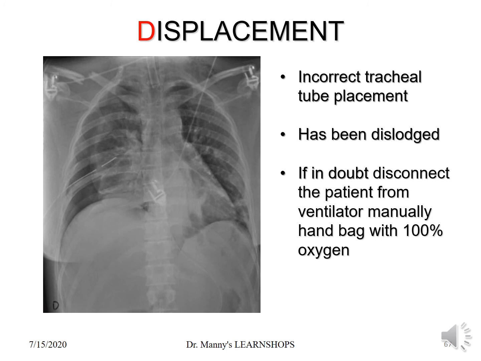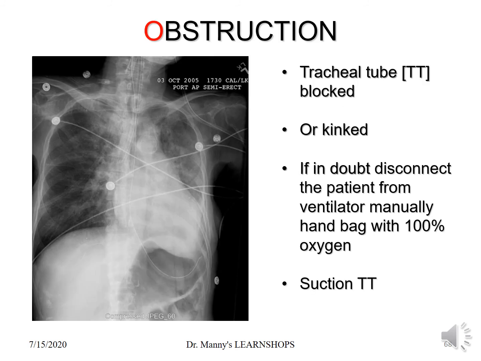If they improve, then it's not a problem. If they don't improve, then it's probably a patient problem. Obstruction. Is the tracheal tube obstructed or kinked? If in doubt, disconnect the patient from the ventilator and manually handbag with 100% oxygen. Suction the tracheal tube if required.